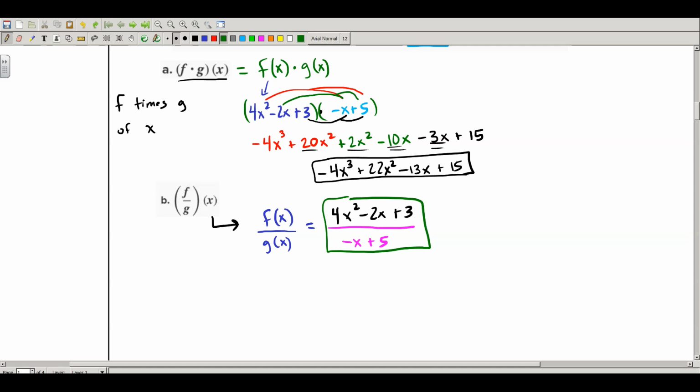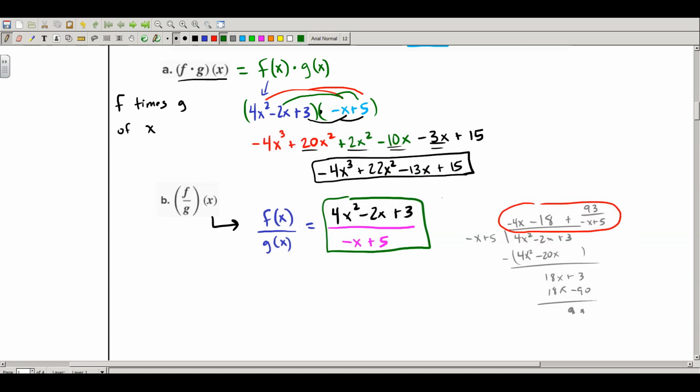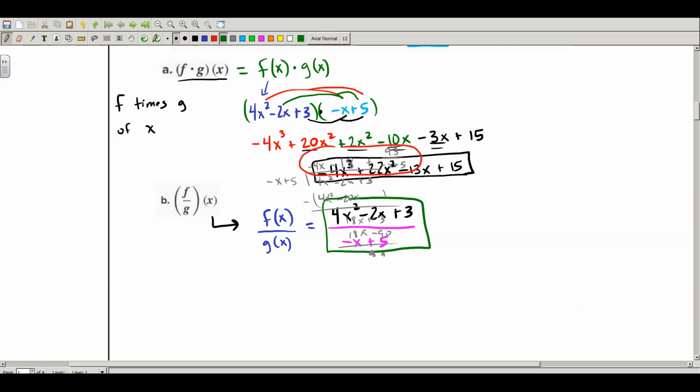You certainly could do some long division here and do it out. If you did, this is what you would get. So I did it here for us. If you long divided that, you'd get this whole thing right here. You wouldn't need to do that in this problem. So it's okay if you just leave that problem like this. So we have 4x squared minus 2x plus 3 over that for this section.